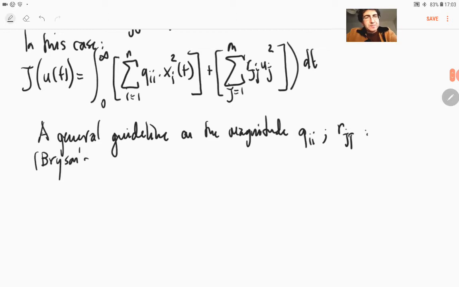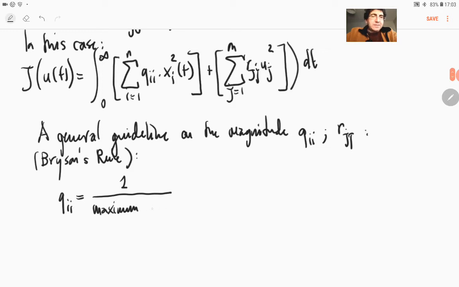Bryson's rule is that we can select q_ii as the inverse of the maximum acceptable value of x_i squared.